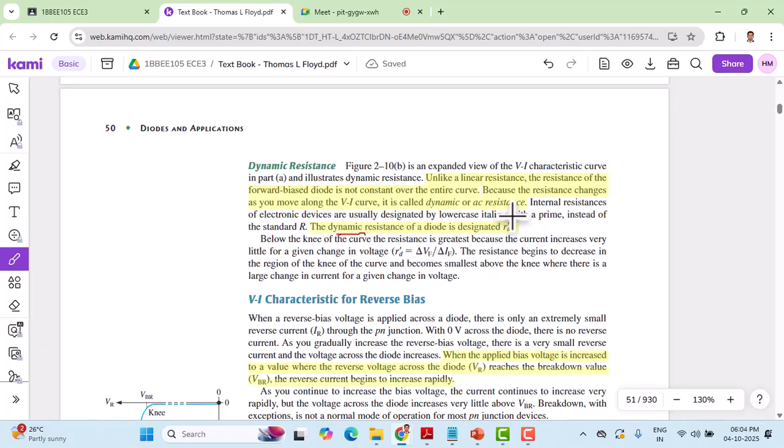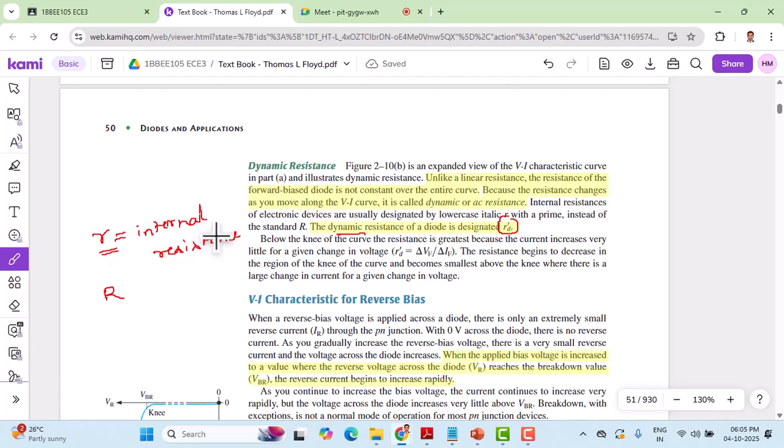The reason we indicate it with a small r dash d is that whenever we show a small r, though it is a resistance, it is an internal resistance. It is the internal resistance of a diode, so we show it with a small r. If any resistance is connected outside, it is indicated as capital R. But this is a resistance seen inside a diode.